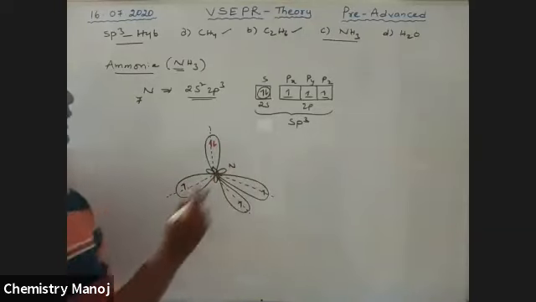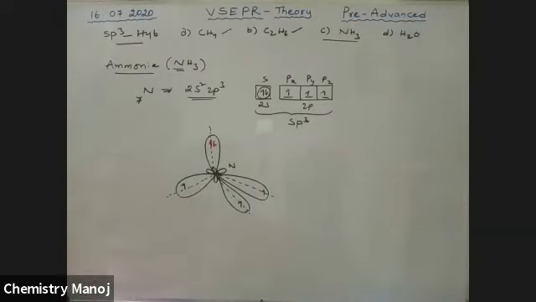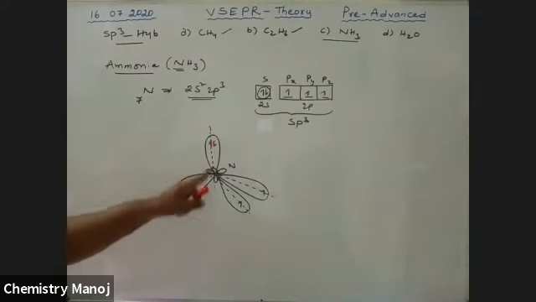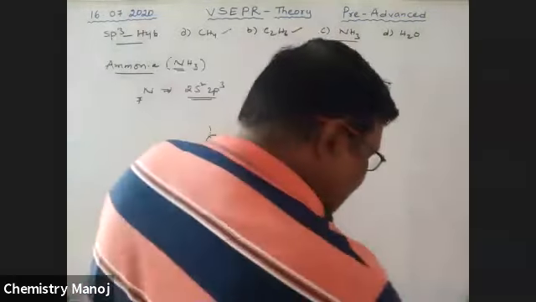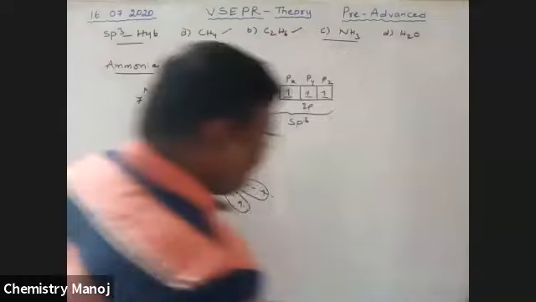It is about nitrogen. So among 4 orbitals, one orbital has paired electrons and the remaining 3 orbitals have unpaired electrons. Those orbitals with unpaired electrons are involved in bond formation with the s orbital of hydrogen.